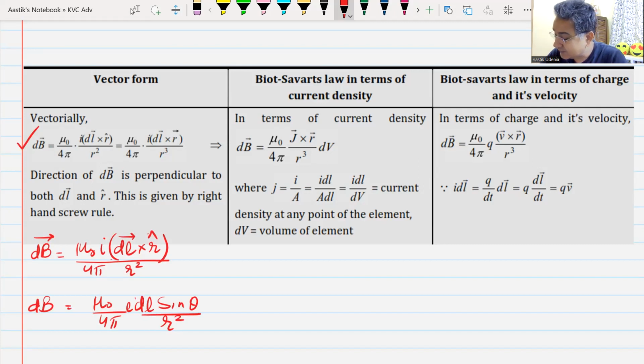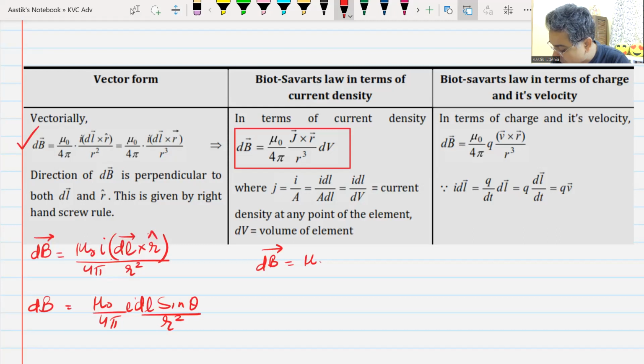Yes. The same equation is written in the form of current density. Do you remember what is current density? Yes. You can write this in this form also. dB vector will be mu naught by 4 pi j vector cross r unit vector divided by r square.